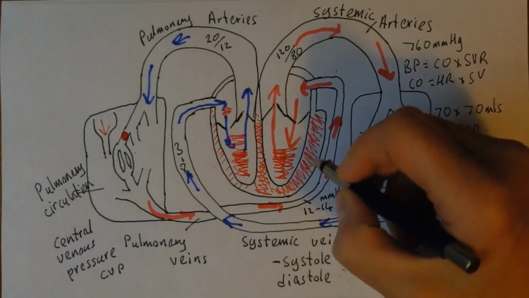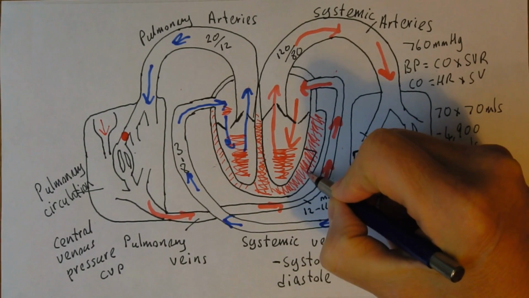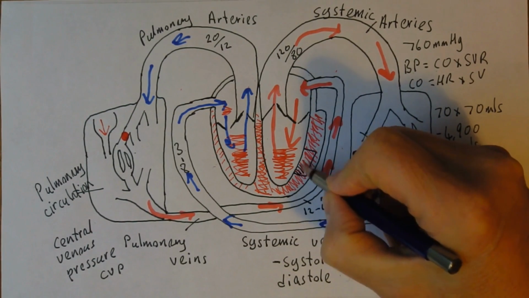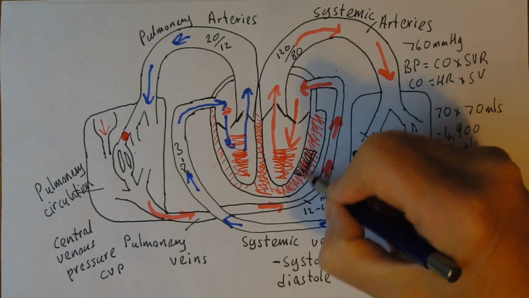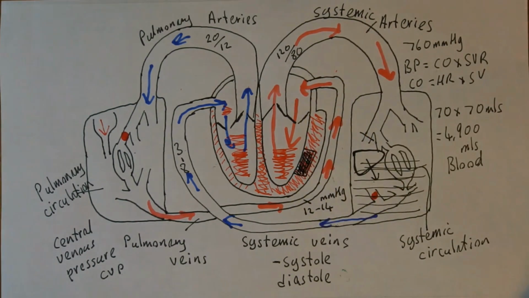So if there was an infarction to an area of the myocardium, that area would no longer be contractile, unless you rescue it, of course. And that can result in reduced left ventricular contractility.